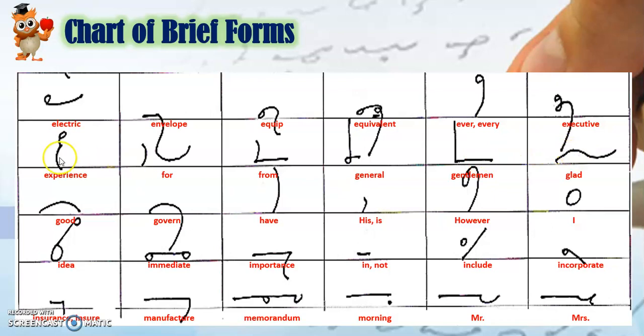We have glad, good, govern, we have, his, is, simply an S. However, glad. We have here idea, immediate, importance, not, include, incorporate, insurance, manufacture, memorandum, morning, Mr. and Mrs. Okay, so let us have a last glance before we proceed with the next slide.